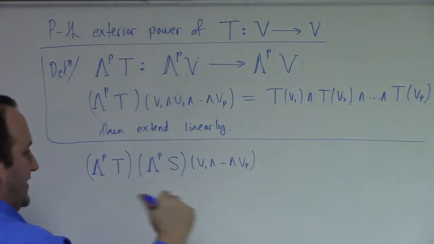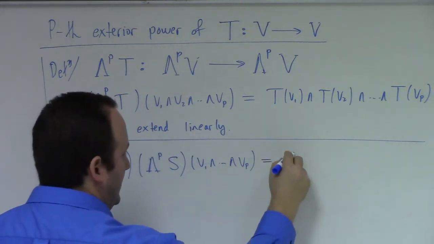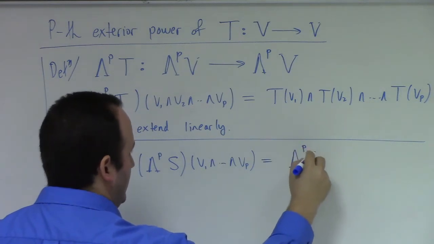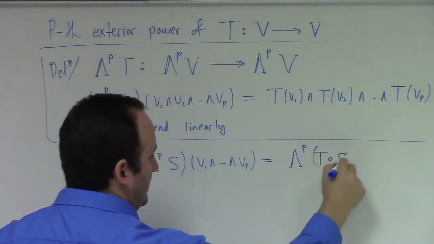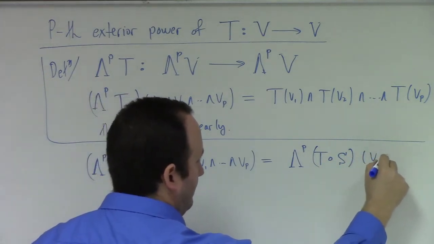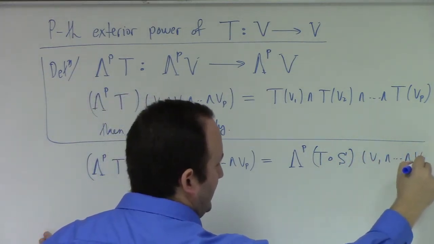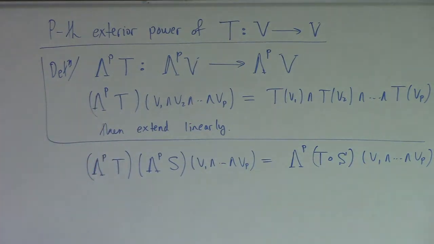That is in fact equal to the Pth exterior power of the composite, T composed with S, acting on that. The element in the P vectors is just riding along here. It's not playing an interesting role. The point is, this Pth exterior power behaves naturally under composition. That was one of your homework problems.